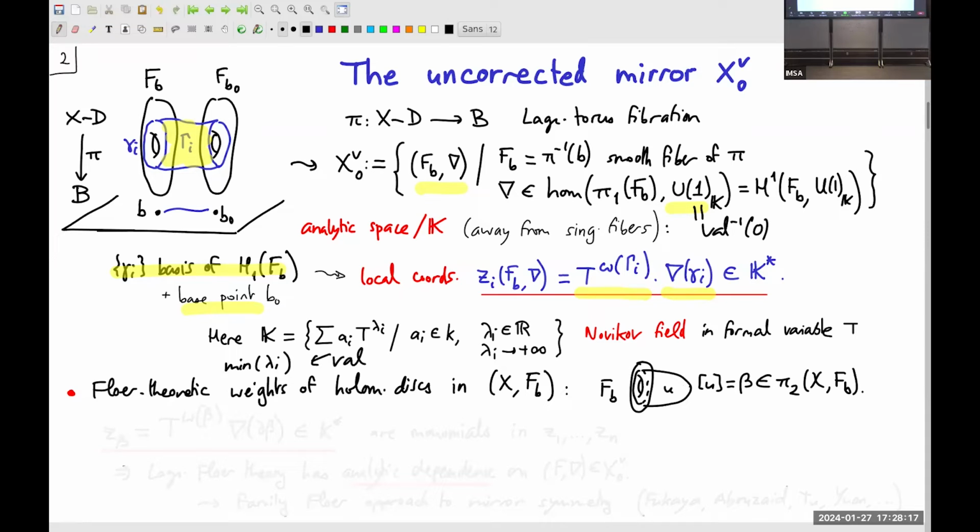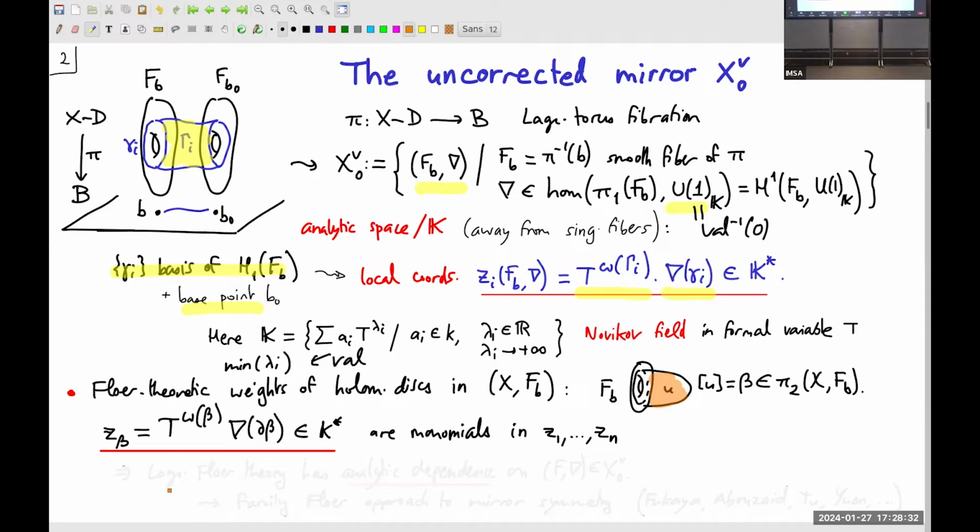If I have a holomorphic disk with boundary on F_b inside X, representing a certain relative homology class, well, I will count it with a weight that I call Z sub beta, which is T to the symplectic area times the holonomy of my local system along the boundary loop. So in particular, the valuation of Z beta is equal to the symplectic area.